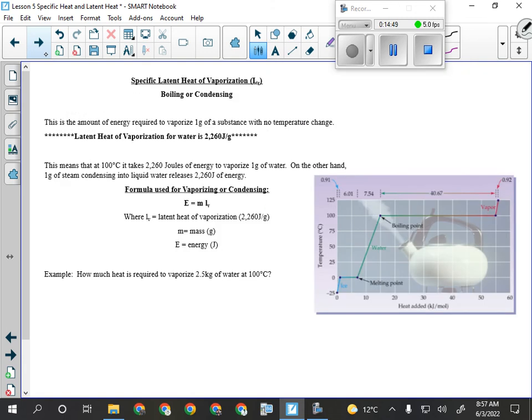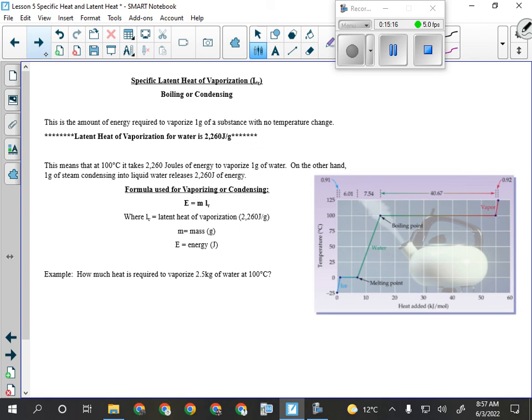And for vaporization, it works exactly the same. I just use a different number. Instead of 333, now I use 2,260. So if I have 1 gram of liquid water at 100 degrees Celsius and I want to evaporate it into water vapor, I will need to add 2,260 joules of energy to it.